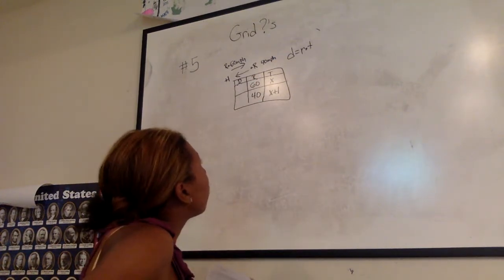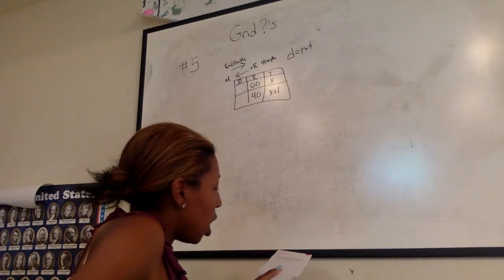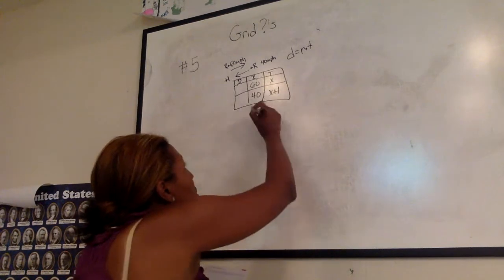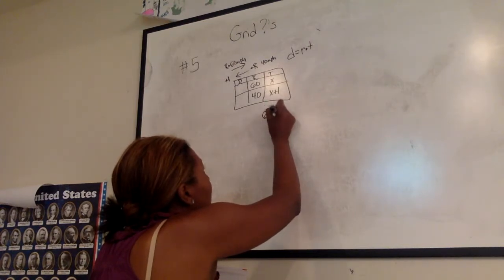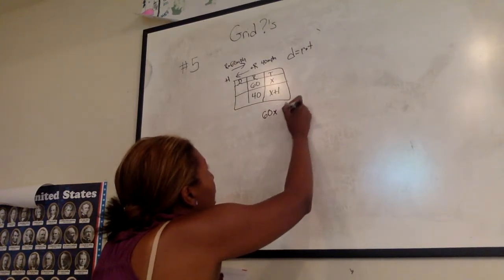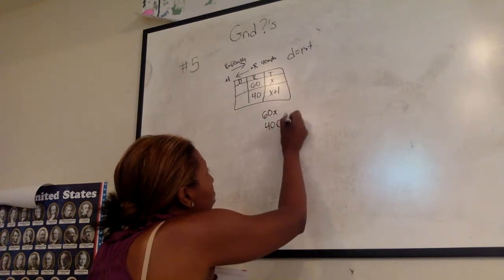So we want to find the distance, okay? So we don't know the distance. If I do rate times time, I have 60x, and I have 40 times x plus 1, right?